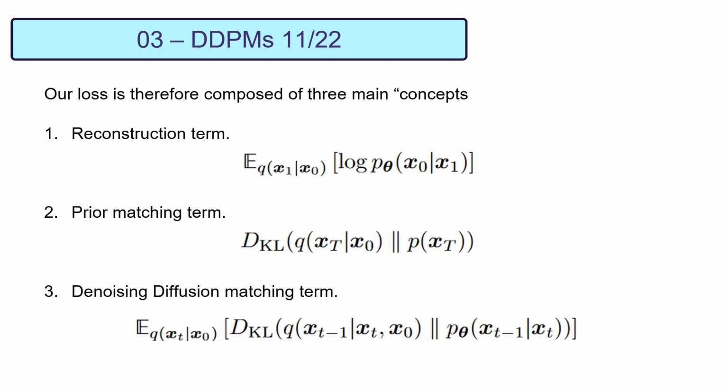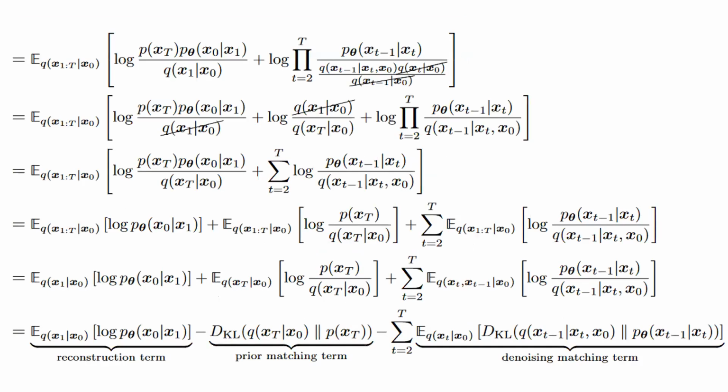And the final term is this denoising diffusion term, which gives the model its name, which says that given a time step t, take the divergence from the ground truth denoising signal with your estimated denoised signal. If you set t here to be equal to 1, this term does not exist anymore because obviously it works from 2 to t.